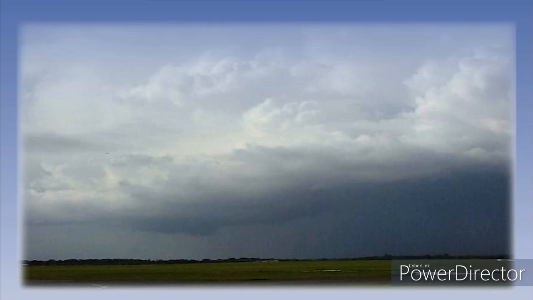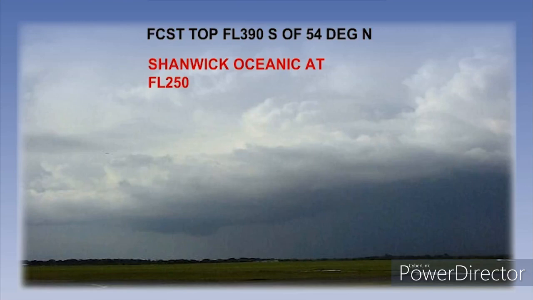The next set of information refers to the location and altitude of the observed or forecast phenomenon. Where possible, reference is made to latitude and longitude, or locations or geographical features which are well known internationally. Examples of these are forecast top at flight level 390, south of 54 degrees north, and Shannick Oceanic at flight level 250.